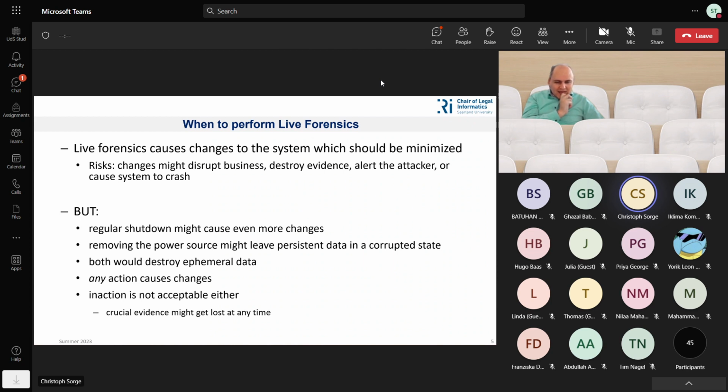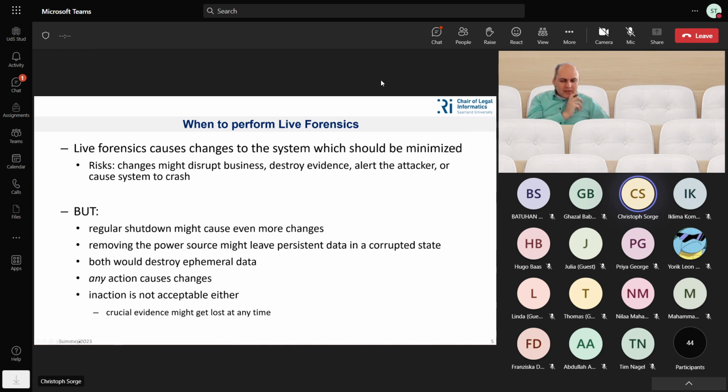on the other hand, doing live forensics is usually risky. So whenever you install software or even run any program on a computer that alters data, firstly, potentially on the hard disk. So there might be some log files that are written that say something about the process being run.